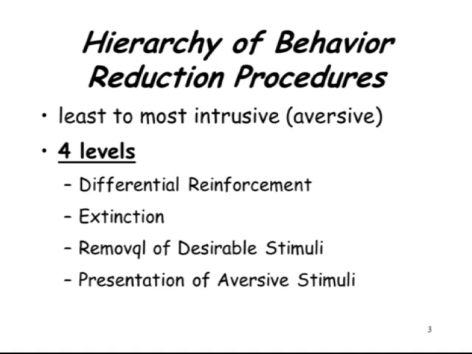The least intrusive is differential reinforcement, and here we mean using things like DRO, DRI, DRA, or DRL as a way to decrease behavior. That's the least intrusive method, and it's also a very effective method if it's used in combination with other things.